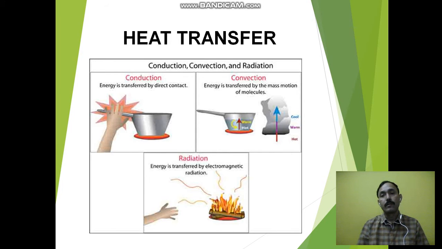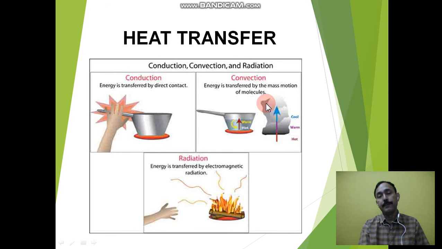Similarly, in the weather system also, air close to our surface becomes hot, getting the sunlight close to the earth's surface, so it becomes lighter and moves up.